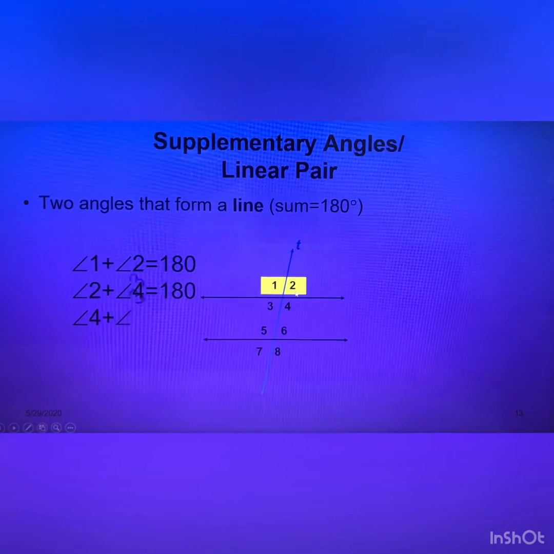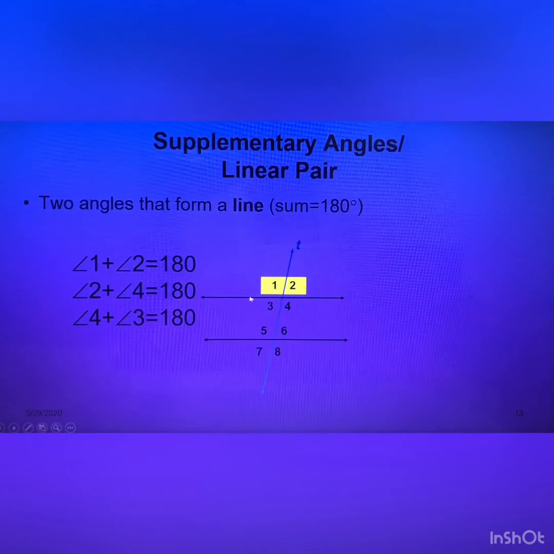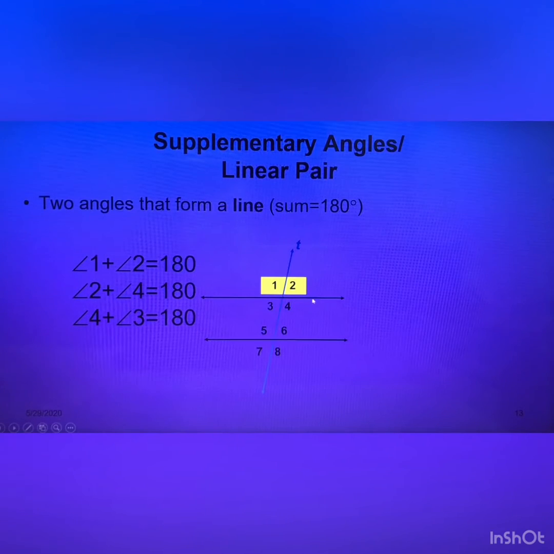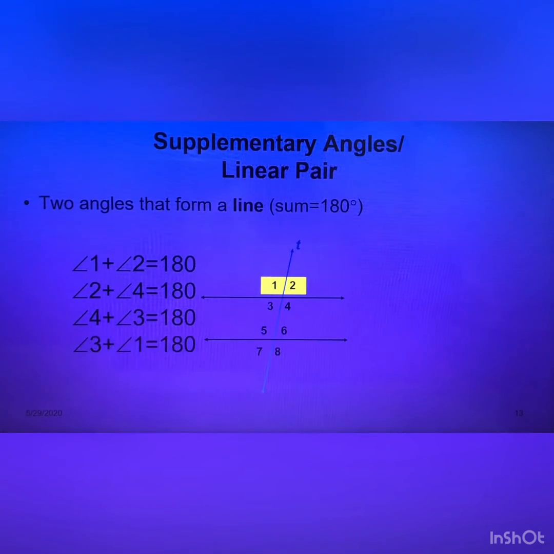Similarly, angle 4 and angle 3 once again form a linear pair, because you can see that this is a straight line and a ray just stands on this straight line. So angle 3 and angle 4 are also a linear pair or supplementary angles.